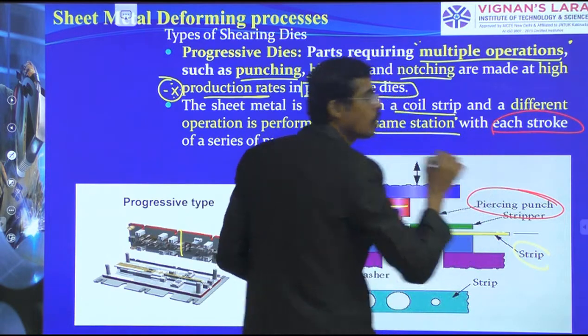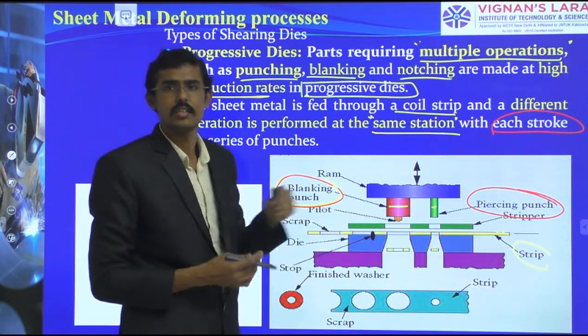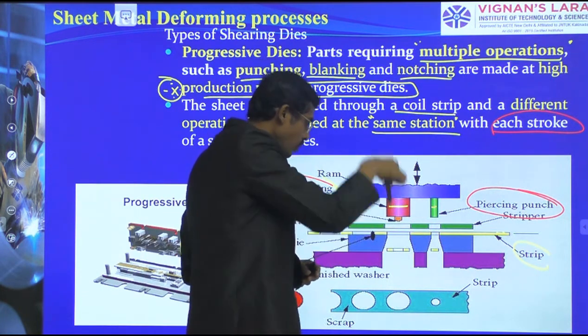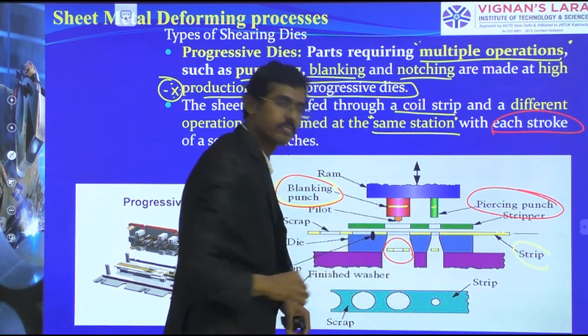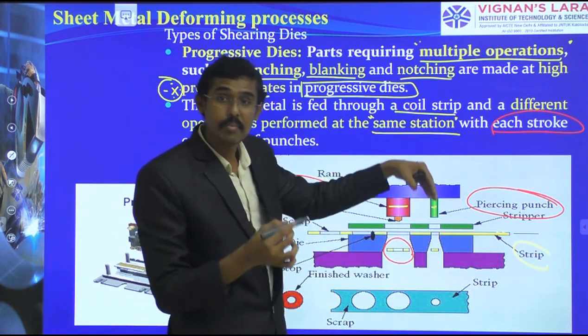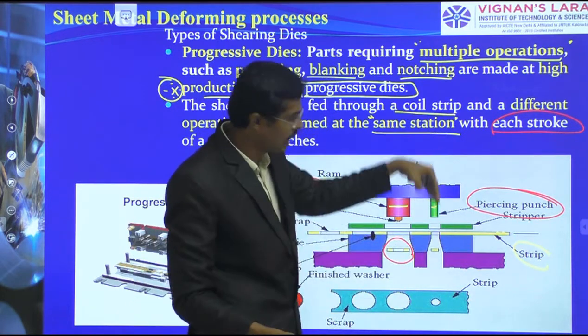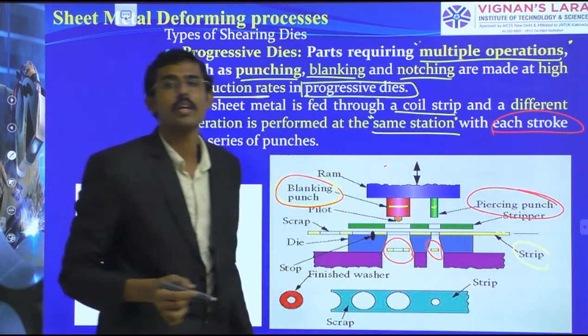With each single stroke operation, when the force is applied over the sheet, this blanking punch will go for the blanking operation, and we are getting one product here. At the same time, on the same stroke, the smaller punch will apply a force there, and we are going to get a piercing product there.